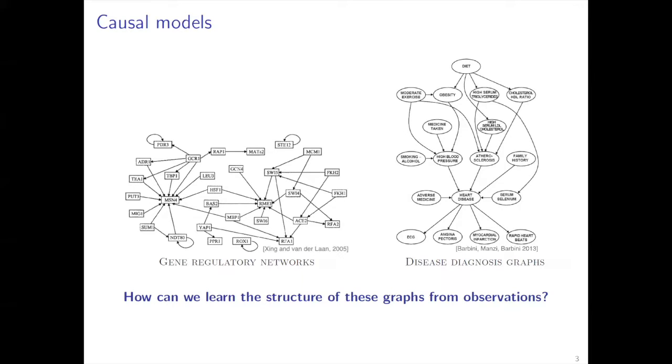In general, the question that we're interested in is how can we learn the structure of these graphs? These are directed graphs from observations. And what I mean from observations is, obviously we observe things, but it means without interventions. Usually in causal inference, there's some kind of intervention.